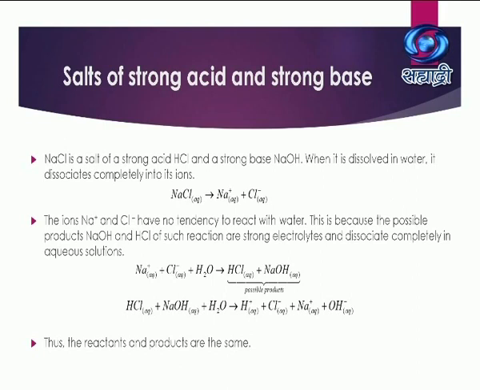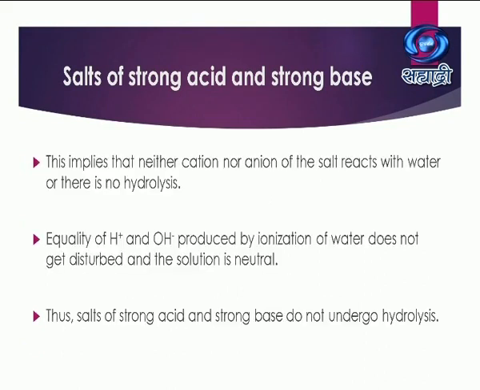So I can cancel these Cl minus and Na plus ions from the two equations. And what remains? What remains is only H2O. And therefore, the reactants and the products are the same. And so this implies that neither the cation nor the anion of the salt reacts with water, or there is no hydrolysis.